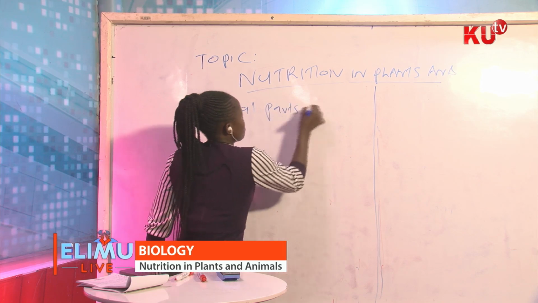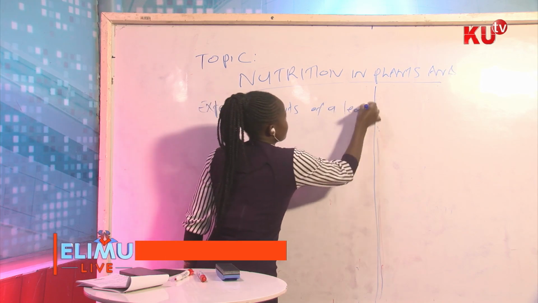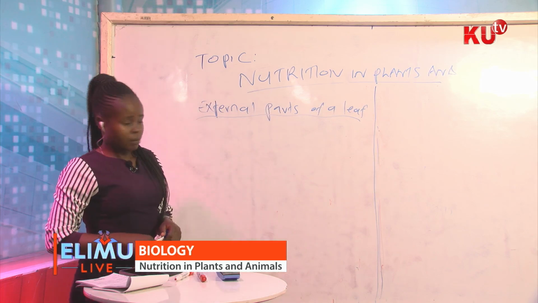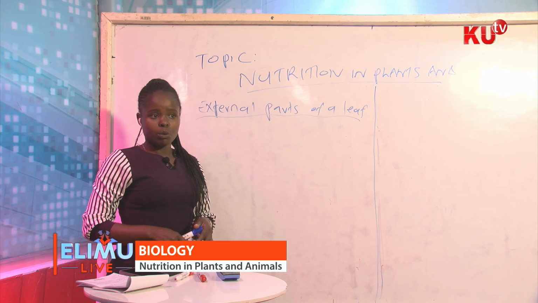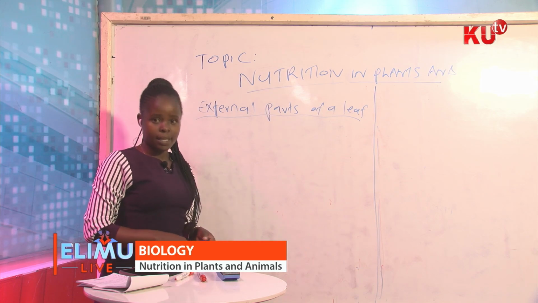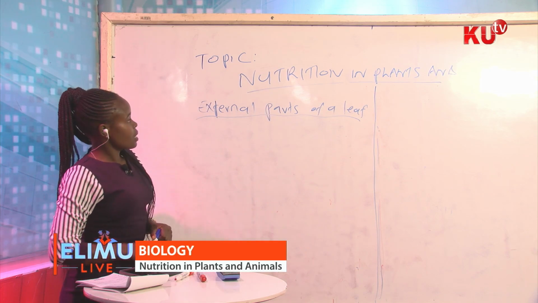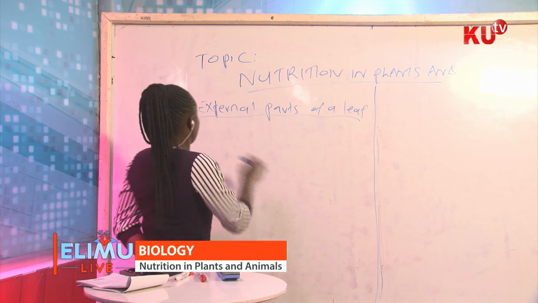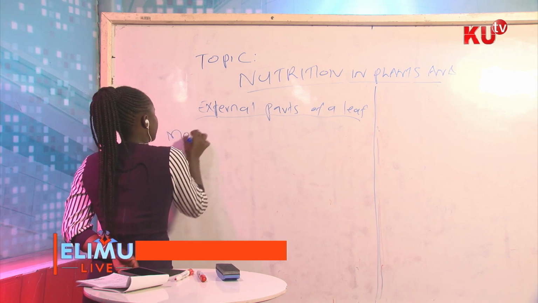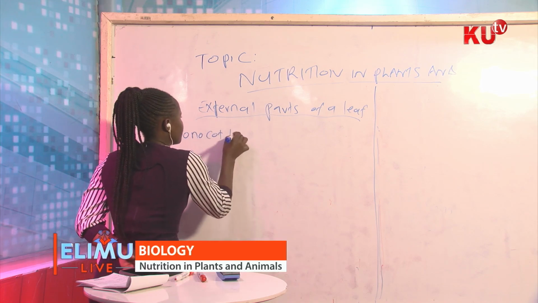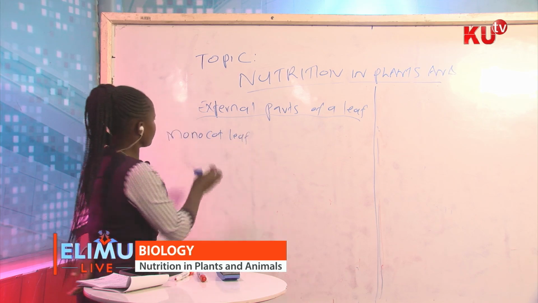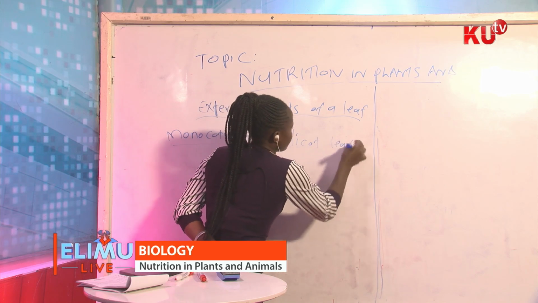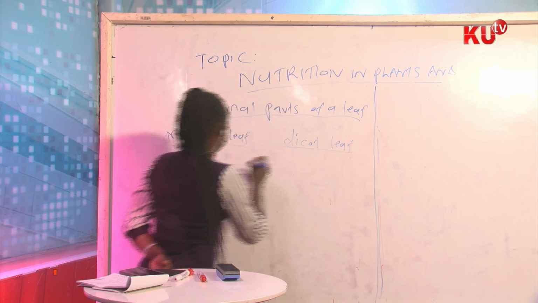External parts of a leaf. Since we have plants belonging to monocotyledonous class and dicotyledonous class, I have a structure of a monocot leaf here, and also a dicot leaf here.